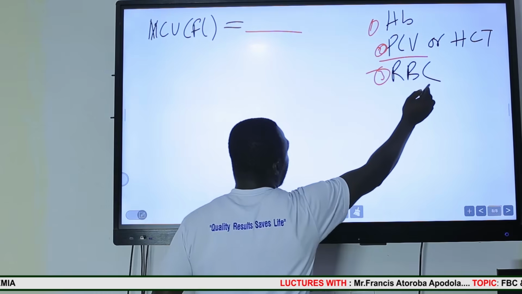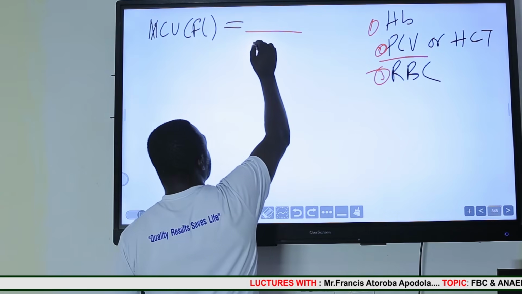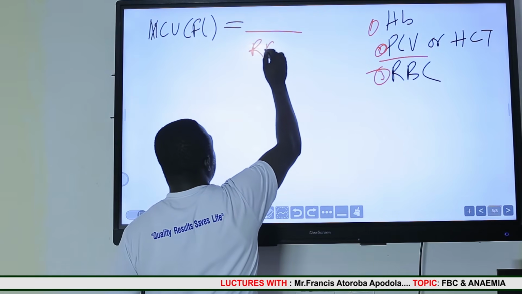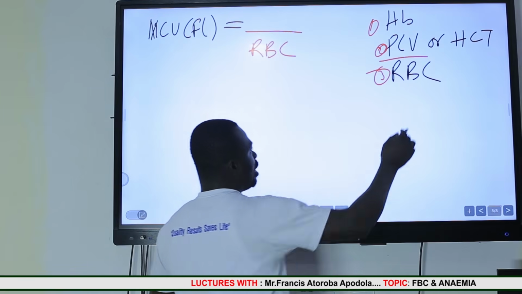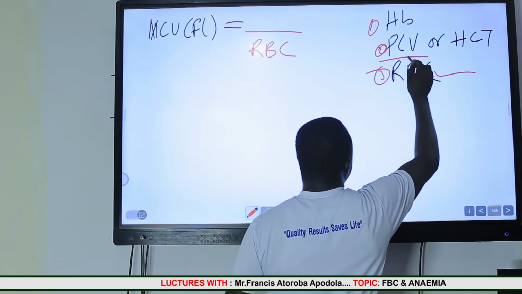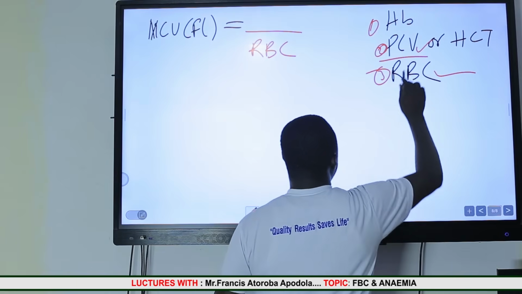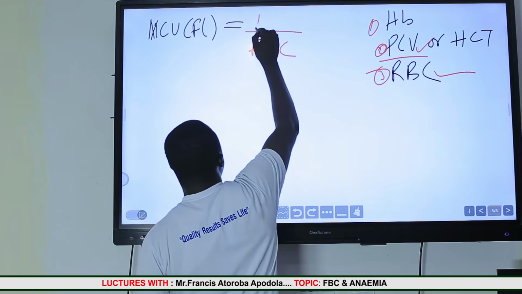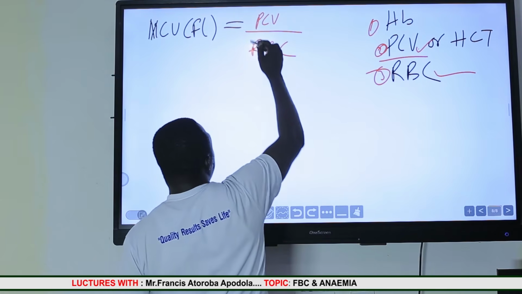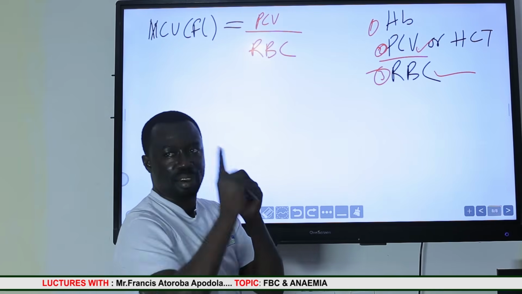For all the many RBCs, you have millions of RBCs, and these millions of RBCs give you a volume. And this volume, we call it the PCV. Then what will be the volume of a single red blood cell?